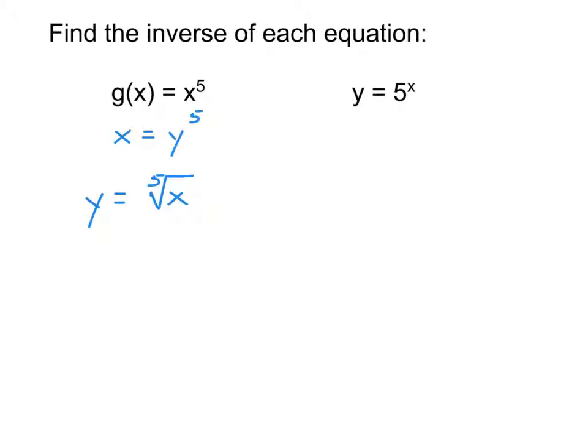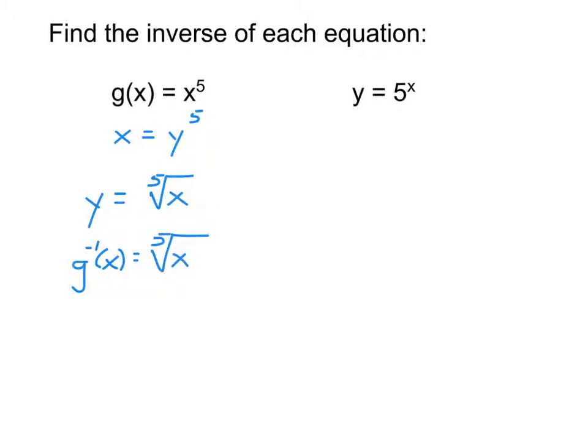So this is new, but if we take an odd root of both sides, you don't have to worry about the plus or minus. It's only for even roots. All right, last little detail on that one. Again, I started with g of x, so I'd go ahead and write my answer back in the function notation, writing as inverse of g of x.